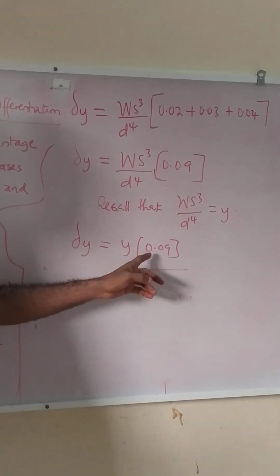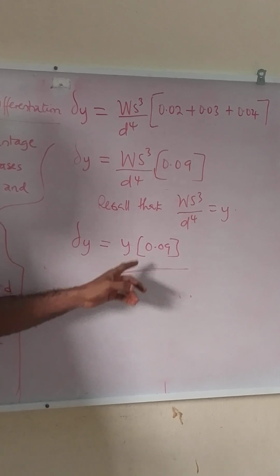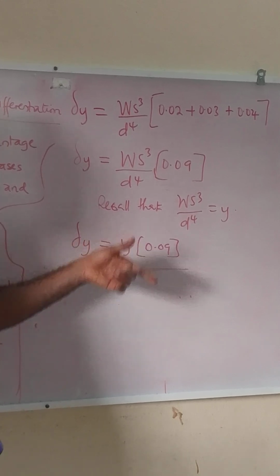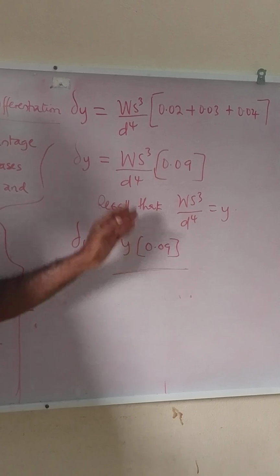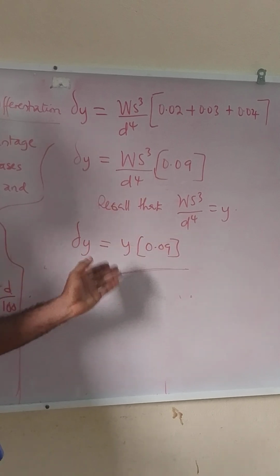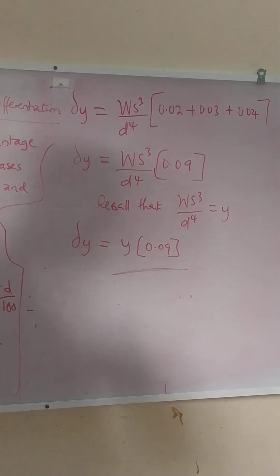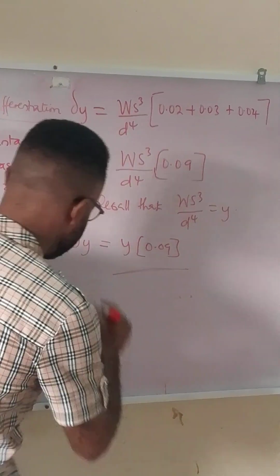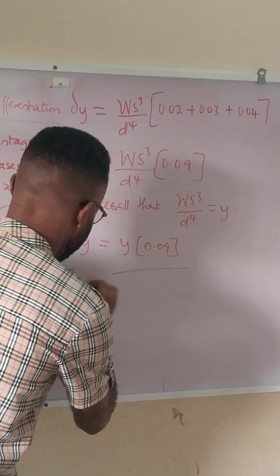Because this 0.09 is positive, it means y increases by 0.09, or by 9%.